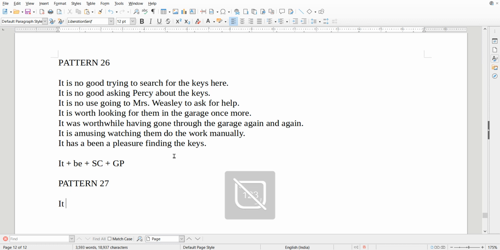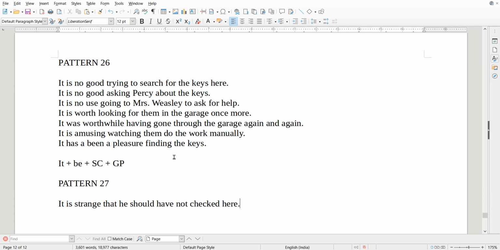The structure, it is strange that he should have not checked here. He shouldn't have checked here. It is likely that there will be rain or there will be snow in the coming week.